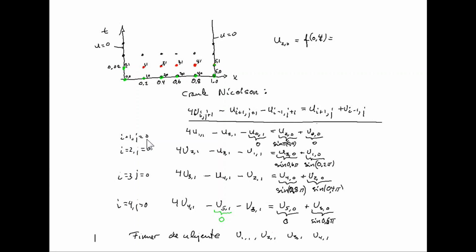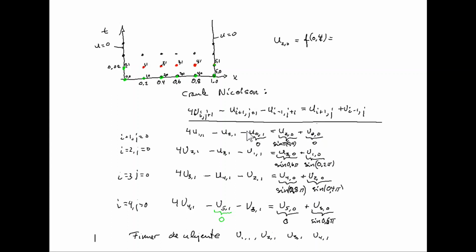In order to find the relation between these 3 points, we have to start with j equal to 0, and we just write the equation in this case. Just put i equal to 1 and j equal to 0, and then we obtain this equation.